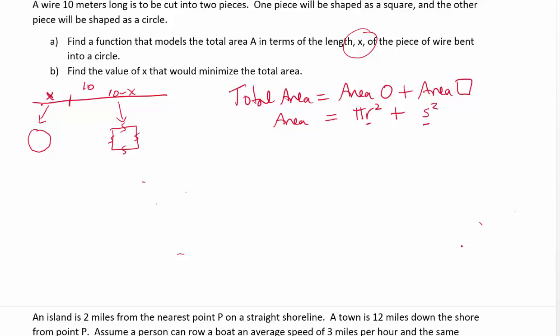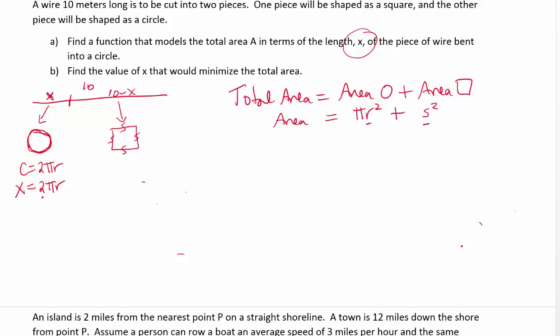We're taking this length of wire x long and we're wrapping it around to form this circle. So that x really represents the circumference of this circle. So if the circumference formula is 2 pi r, then in this scenario, x must equal 2 pi r. And remember, we said over here we wanted to get rid of r and turn it into an x.